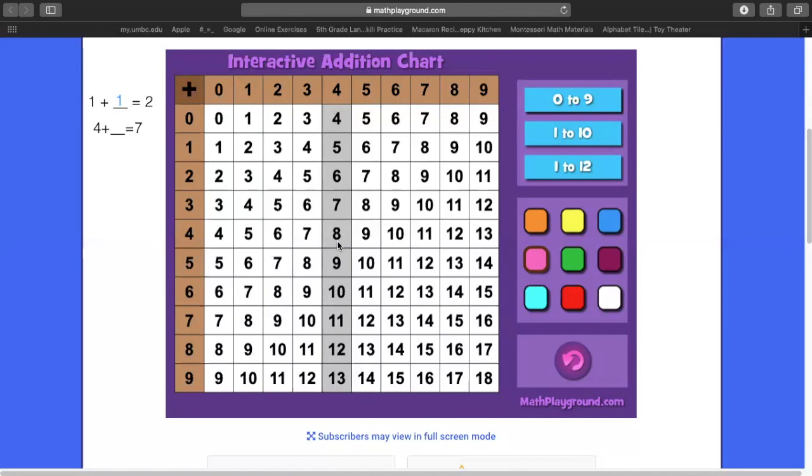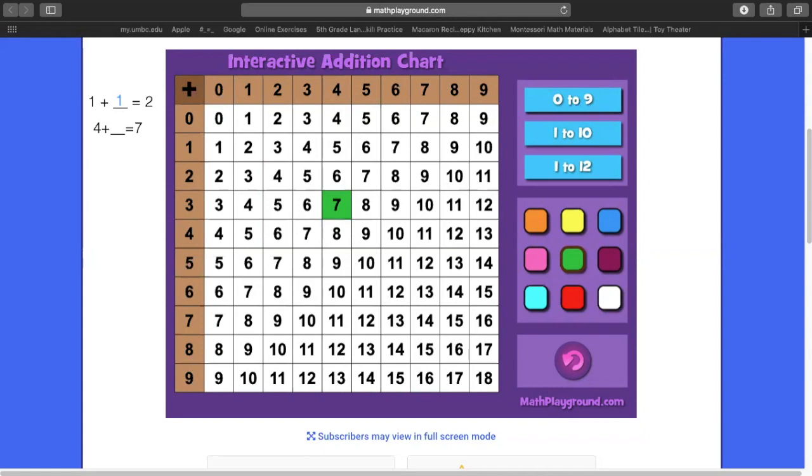Which one comes after the equal sign? Grace, can you tell me which number comes after the equal sign? 7. So underneath of 4, can we find 7? Underneath of 4, we're going to find the number 7. Yep, we found the number 7.